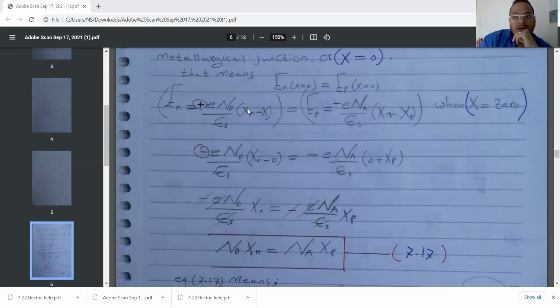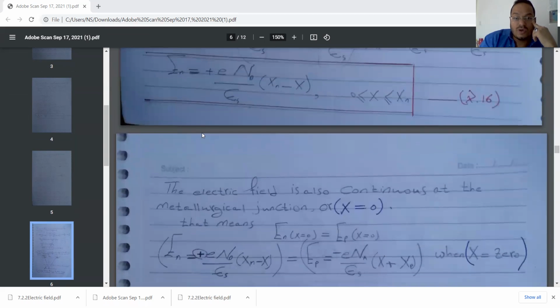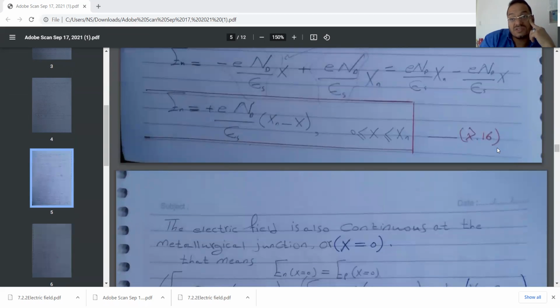But here, I'm wondering, because this is positive, the right charge to this equation is a plus, positive. I put positive here, and this is from equation number 7.16, and this equation is similar, the same equation.